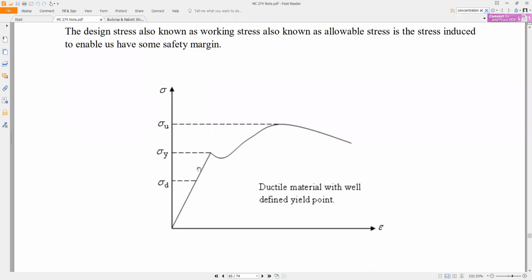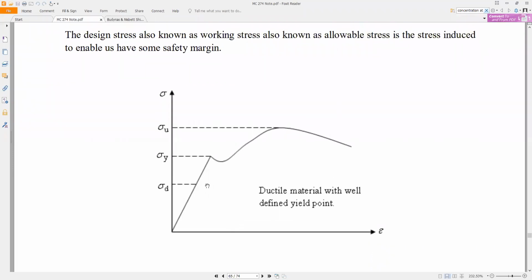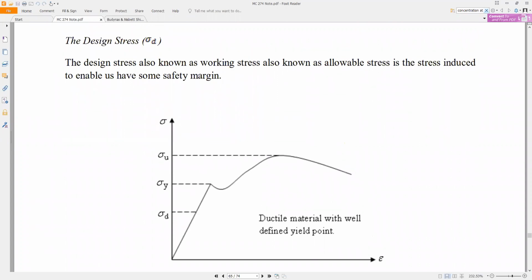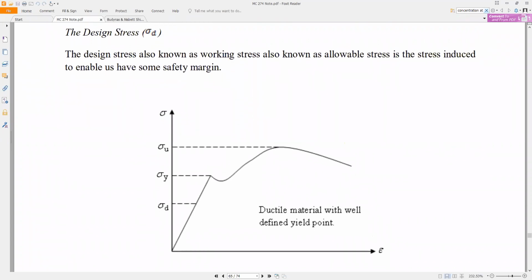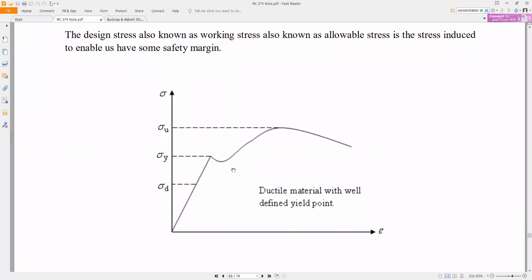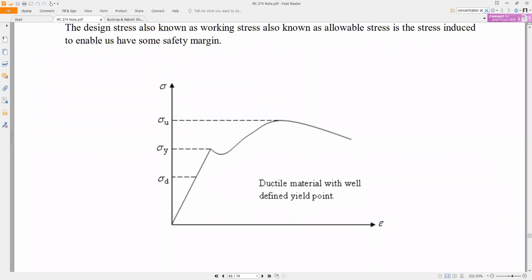So we need to leave some safe margin, so that within that margin, assuming due to certain conditions the stress exceeds this design stress, we are still safe. We've not yet reached the yield point in the material. So this stress, sigma D, is what we call the design stress, which is also called the working stress or the allowable stress.